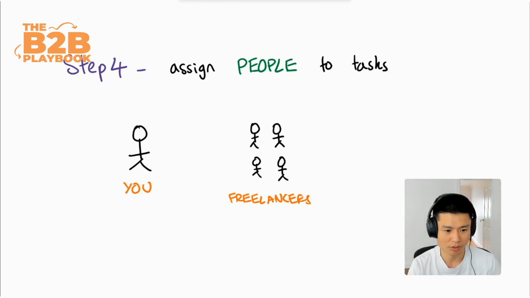You might be working with freelancers. You might be working with internal teams, whether that's a content team that you might be lucky to have, or maybe even leadership and subject matter experts within your business who need to provide you with some of the information to complete certain tasks. All those things should be in the plan to make sure that you are setting up this first demand gen program for success.